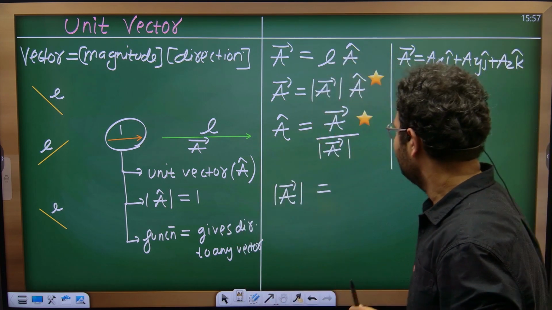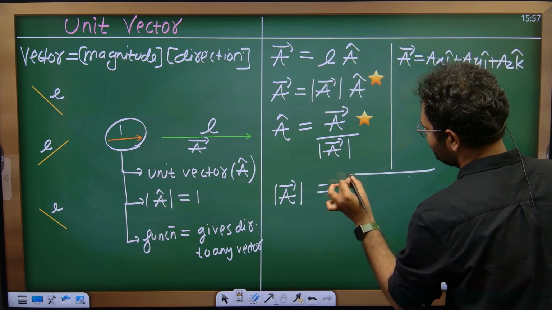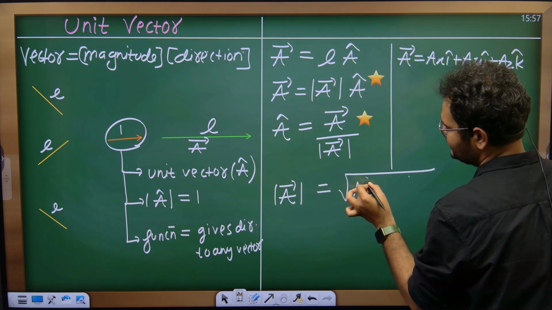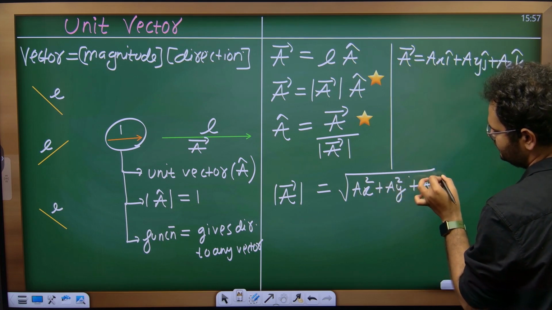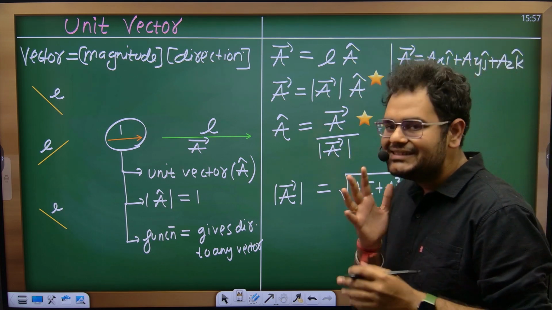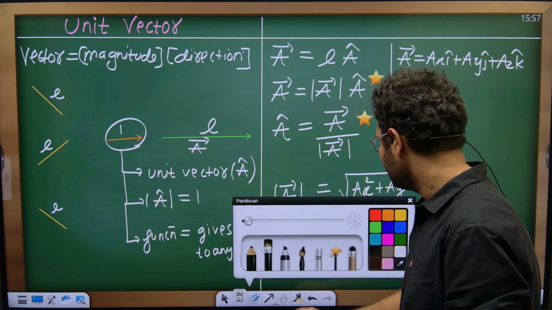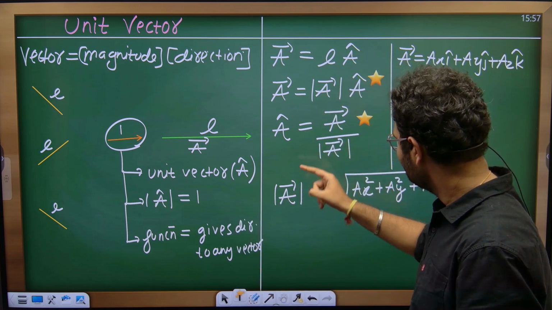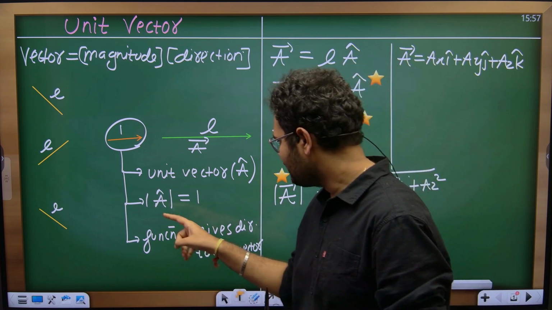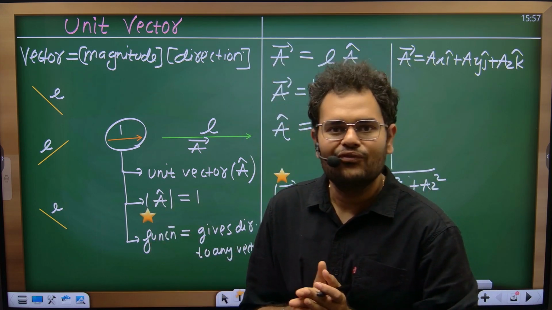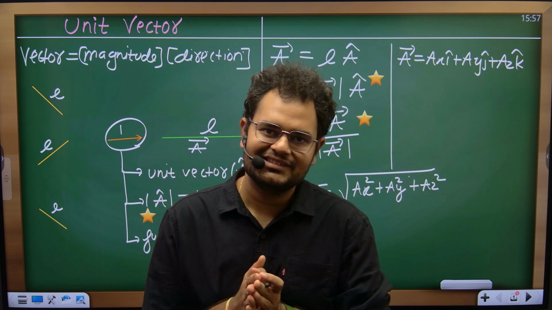Now the magnitude is the square root of ax square plus ay square plus az square. These formulas we are going to use, and another important property, that the magnitude of a unit vector is equal to 1, we are going to use in numericals.